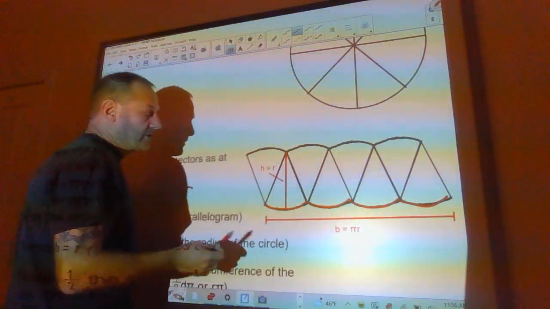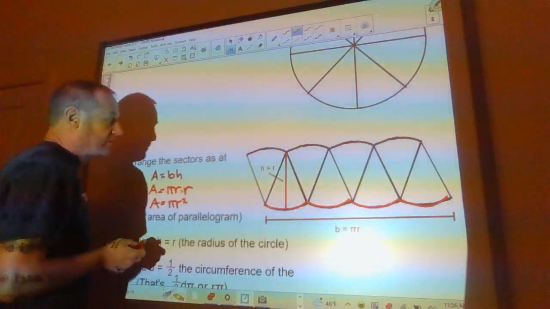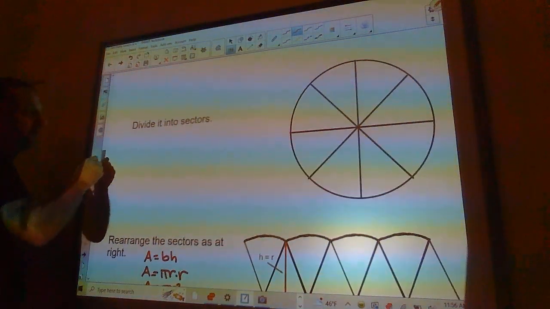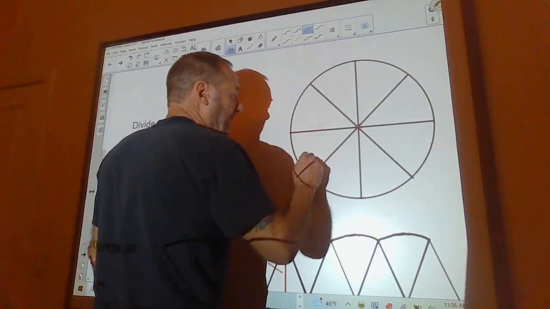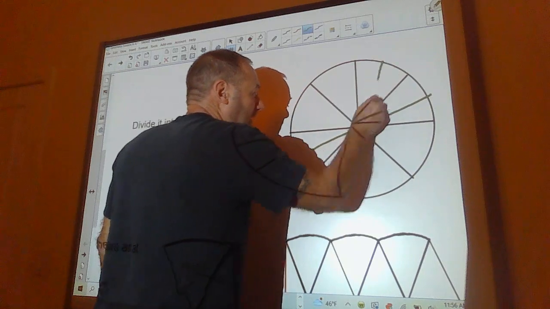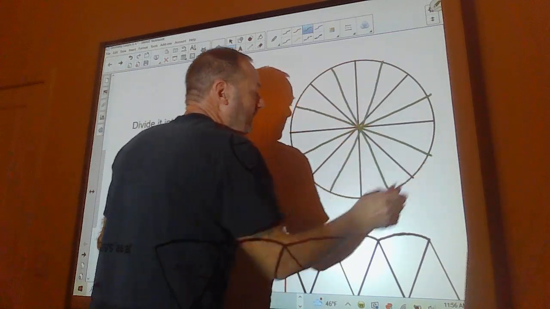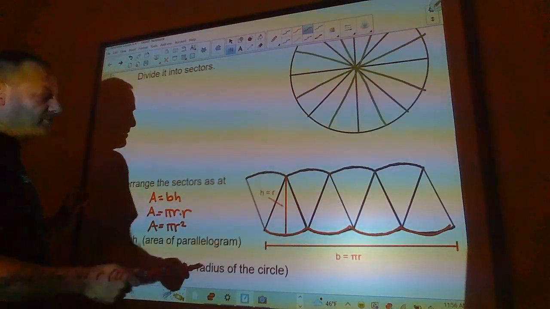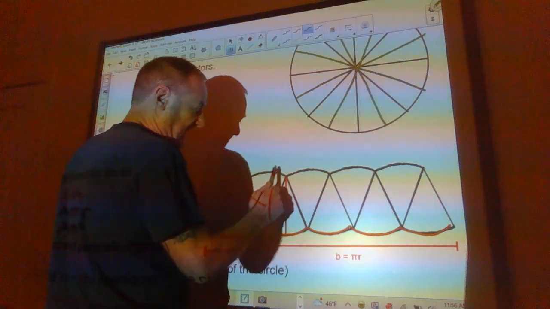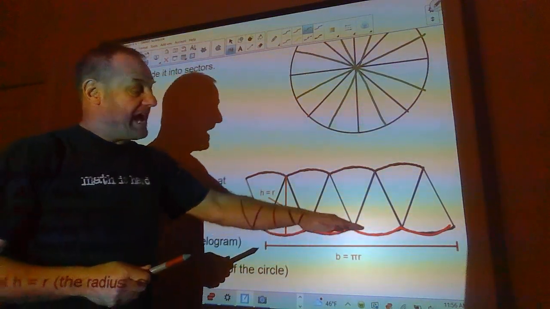So what can we do to make this flatter and straighter? Well, we could take this circle and divide it up into even smaller pieces like so. And then instead of having 4 sectors on the top and 4 on the bottom, we'd have 8 sectors on the top and 8 on the bottom. And this would be much flatter, okay?